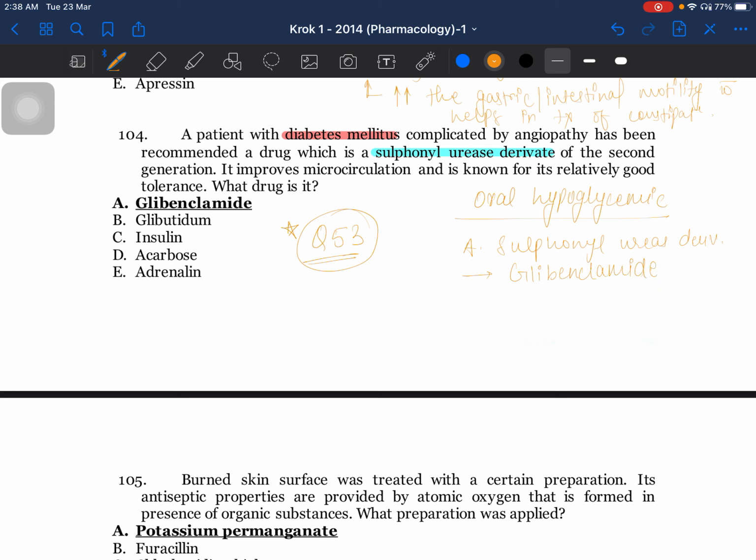So this question is basically a direct question from the classification, because the examiner gave you that this drug is a sulfonylurea derivative which is used for the treatment of diabetes mellitus. Okay, for the brief explanation and the classification, please refer to question number 53.